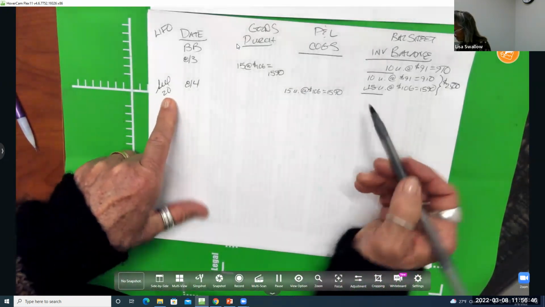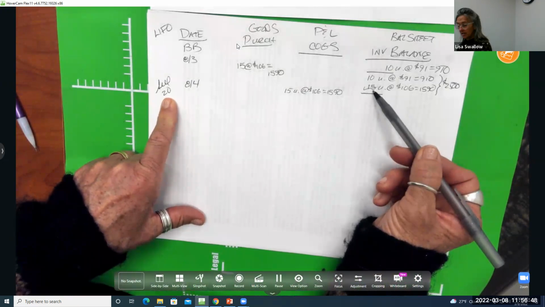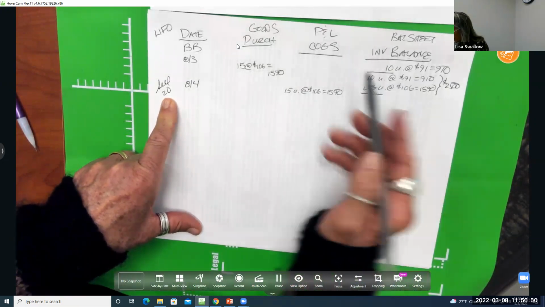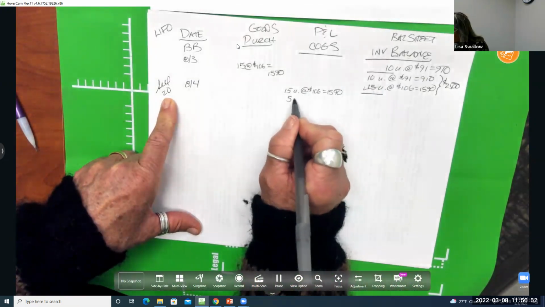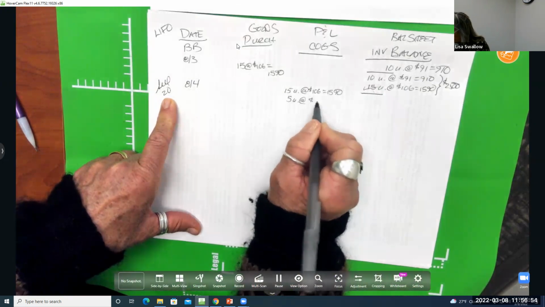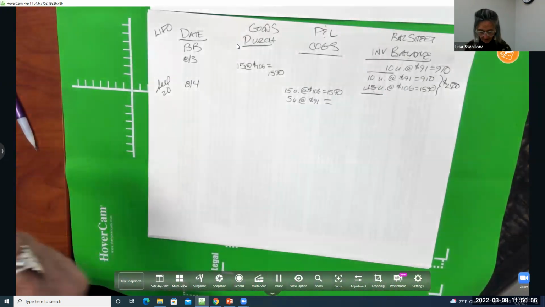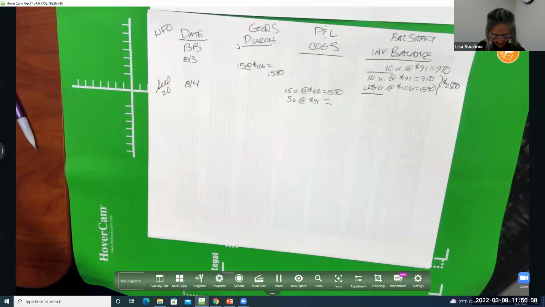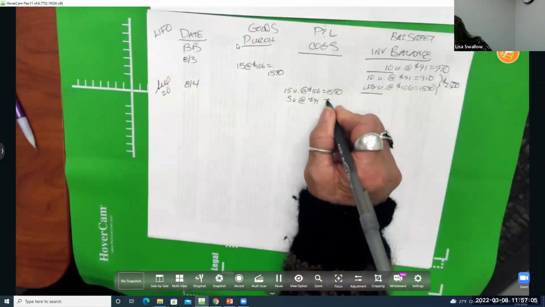Okay, 20 bikes. I picked up 15 here. I'm going to go grab the last 5 from there. 5 units at 91, and that equals 455.